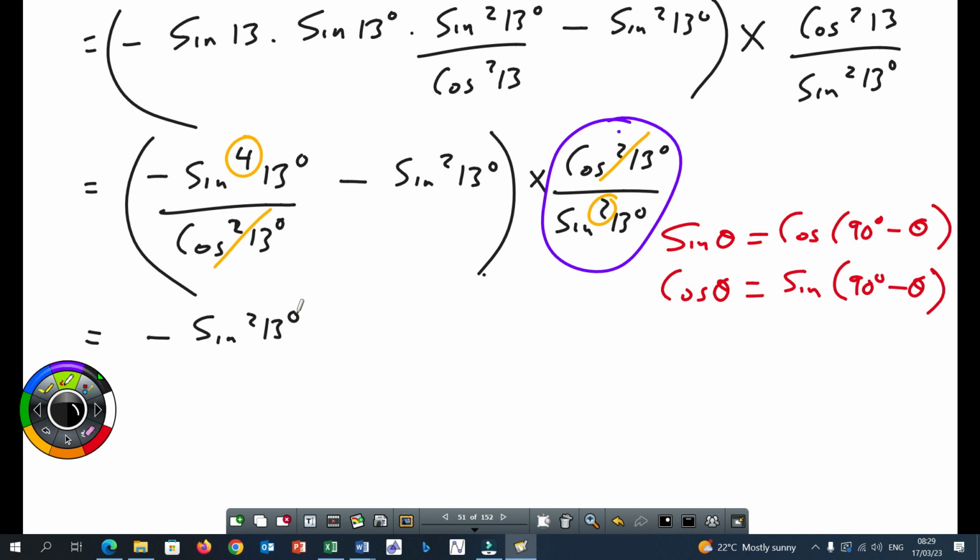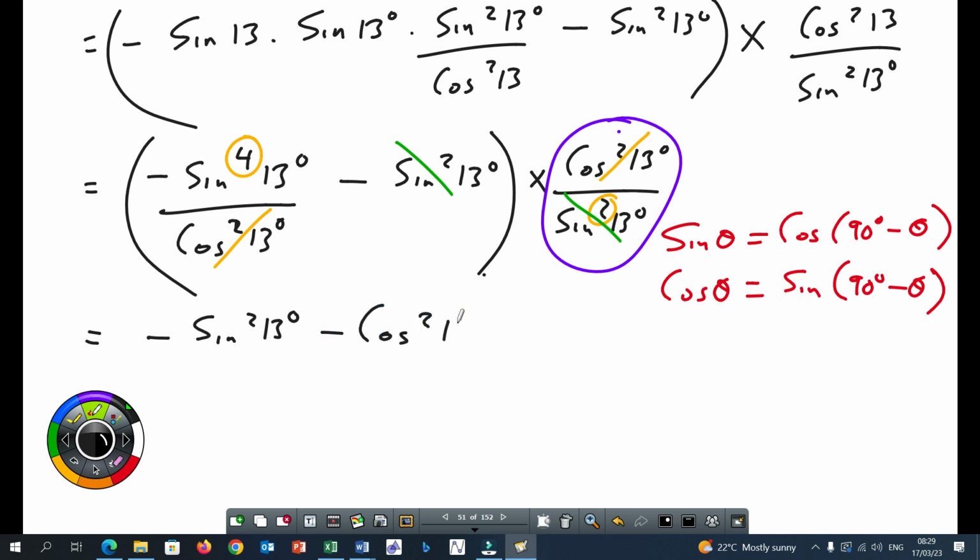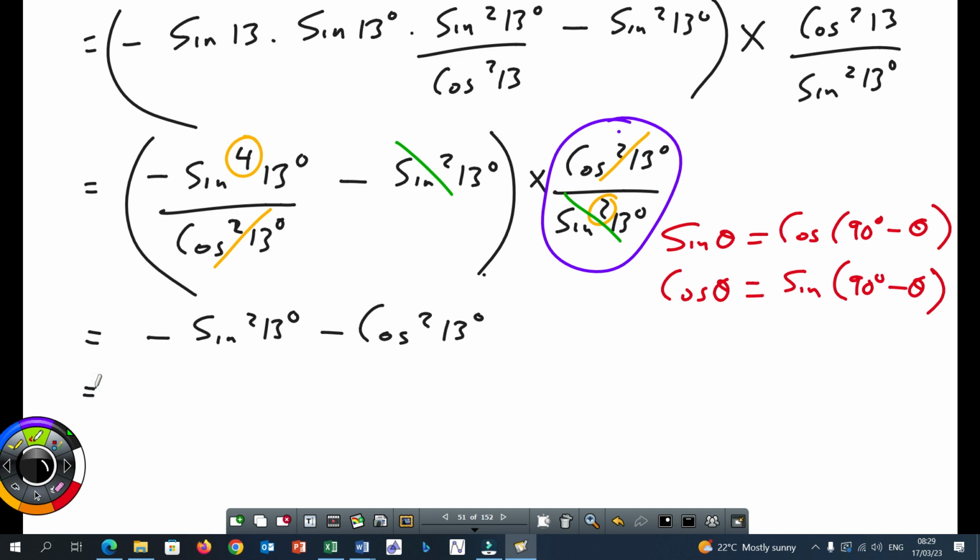Then, when I distribute with this one here, the sine squared 13 cancels with that, and then I'll end up having minus cos squared 13 degrees. Now, I'm almost there. I'm smiling already. Then I'll factor out minus 1. If I factor out minus 1, I'll get sine squared 13 degrees plus cos squared 13 degrees. And this will give me minus 1.